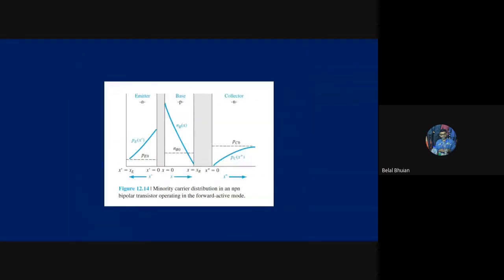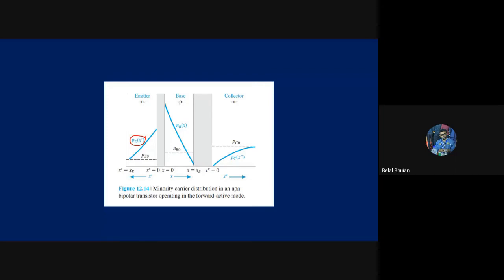So that is the carrier profile for forward active region. We already found it out. You see in the emitter side, the whole total hole concentration is dropping. In the base side, one thing you should be very careful about drawing is the minority carrier distribution in the base region.